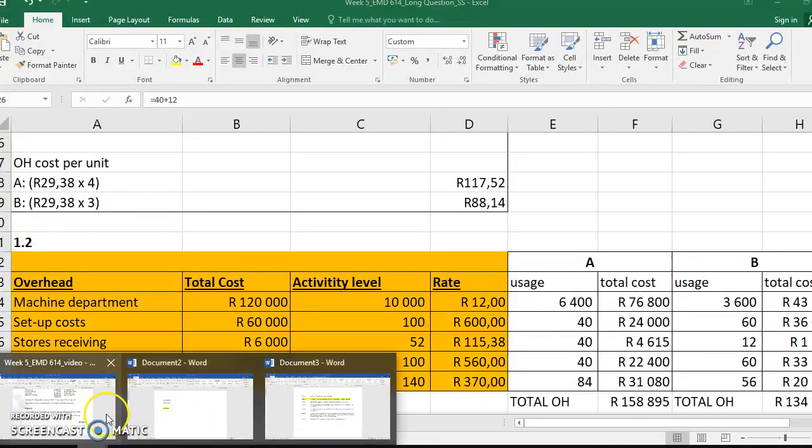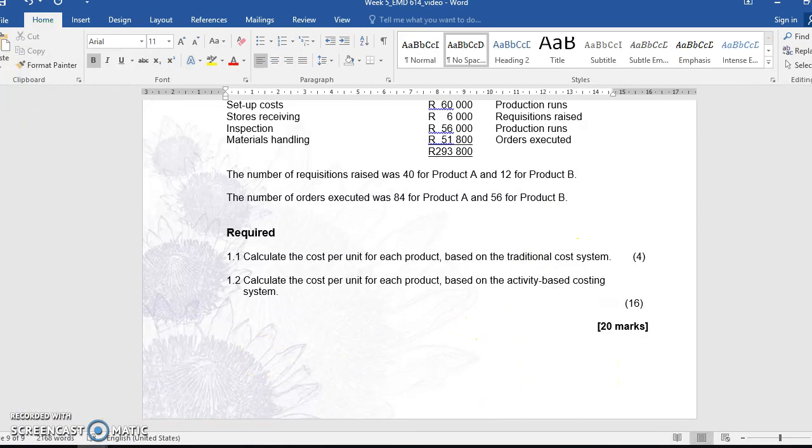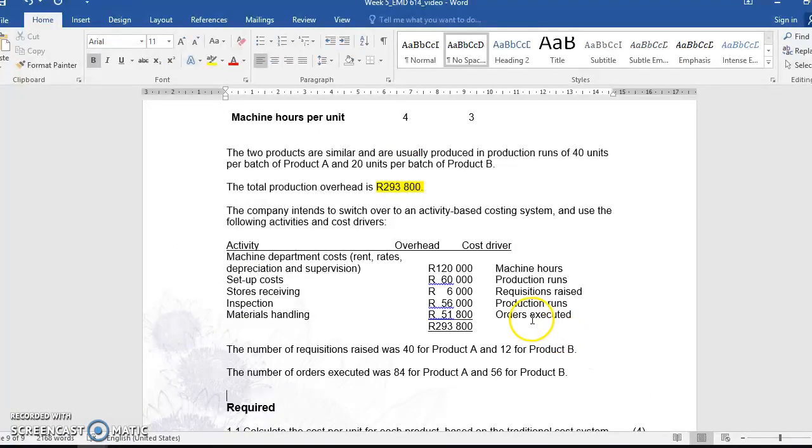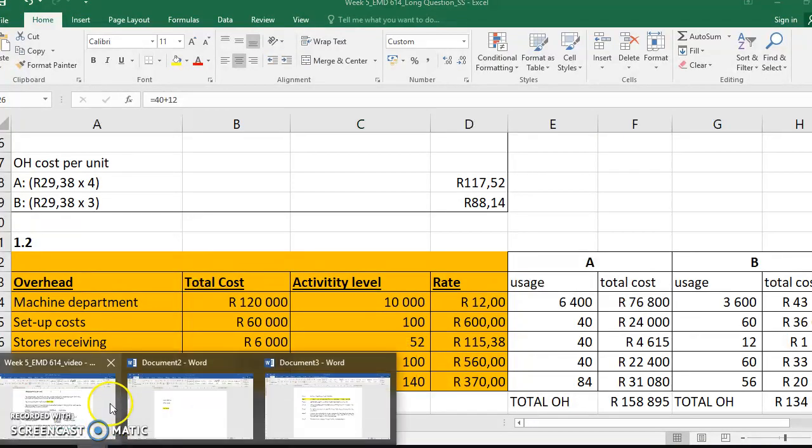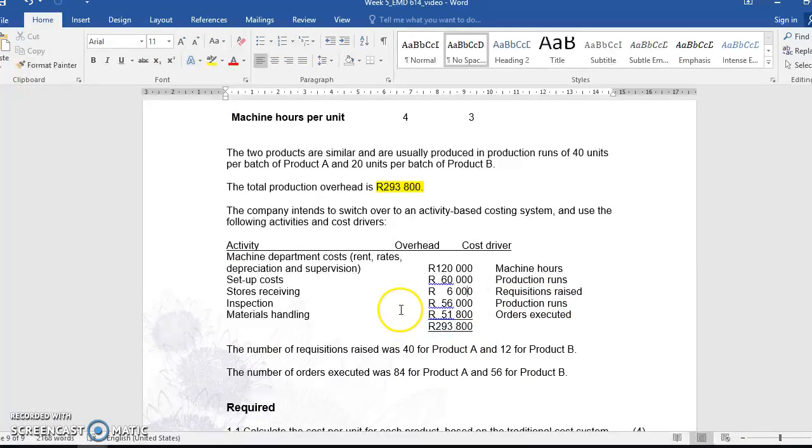Then the next component is stores receiving, which is based on requisitions raised, and here they're telling us the requisitions raised was 40 for A, 12 for B, so that's just added together. You'll get to 52. Inspection is also based on production runs, and we've already worked out production runs, so that's also just going to be 100. And then lastly, orders executed.